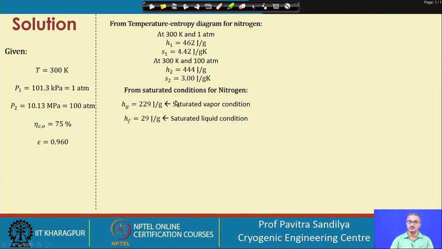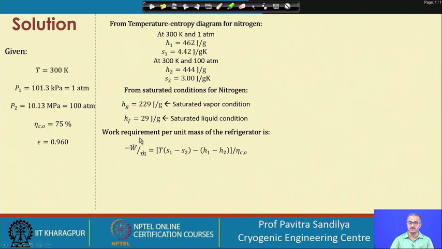Because nitrogen is saturated after the isenthalpic expansion at the JT valve, we shall be getting saturated nitrogen at 1 atmosphere. So, there we read from the TS diagram the values of the saturated vapor enthalpy and saturated liquid enthalpy. G is for the vapor and F is for the liquid.